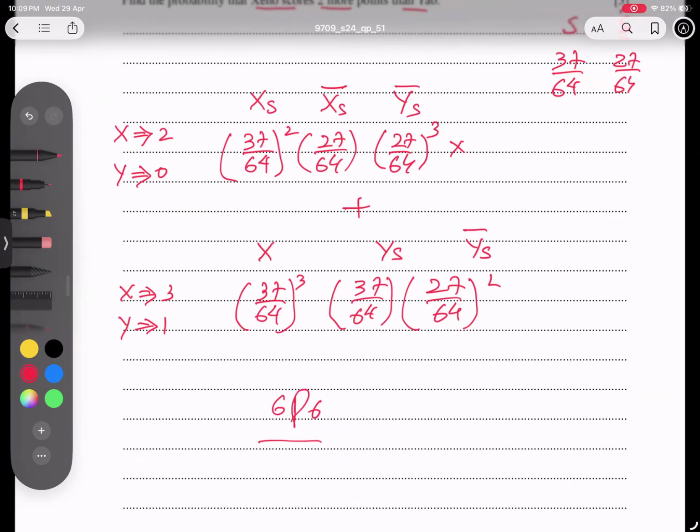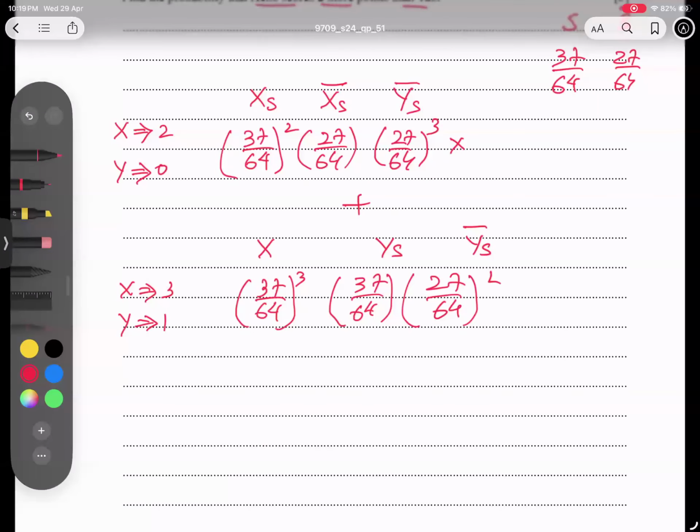Hold on. So 6p6 divided by, we have to answer here. Yes, students, this is, I think, clear.